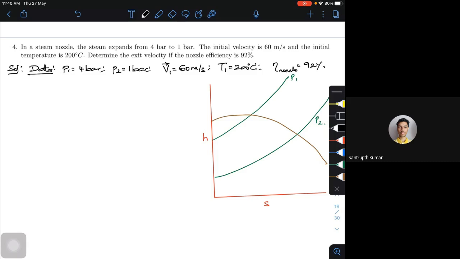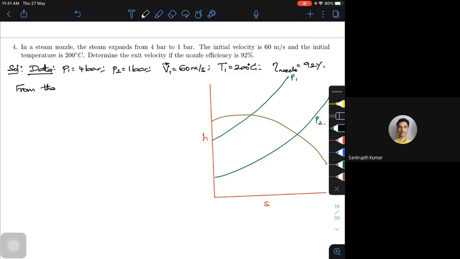You got it? So that's how you can check. Go to your steam tables and check the saturation temperature at 4 bar. What is the value? Around 144, so it is 143 or 144.